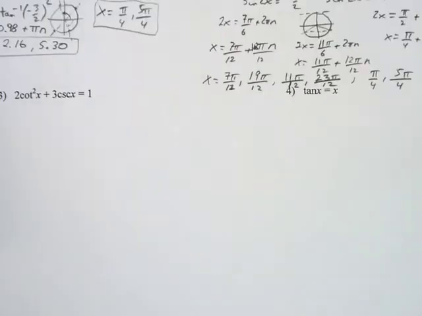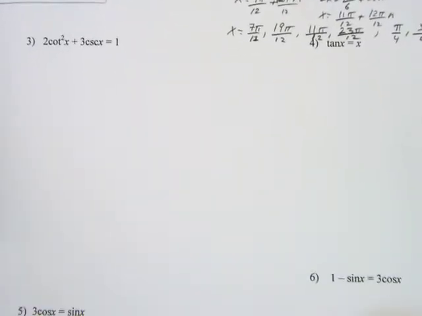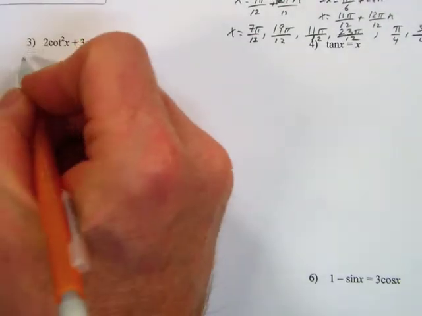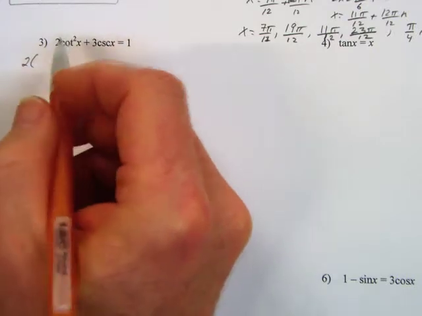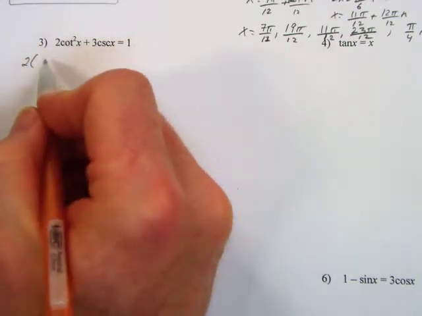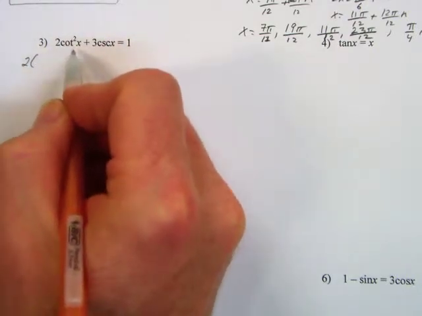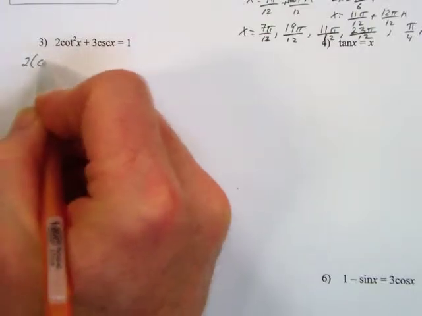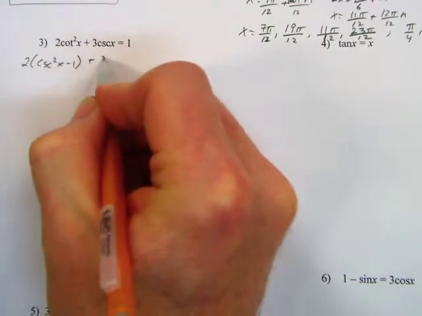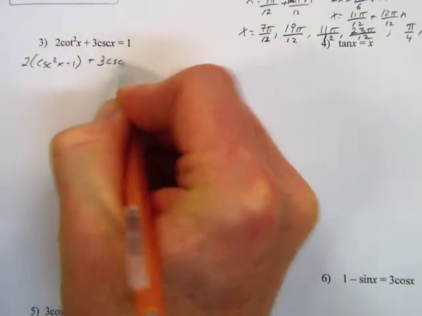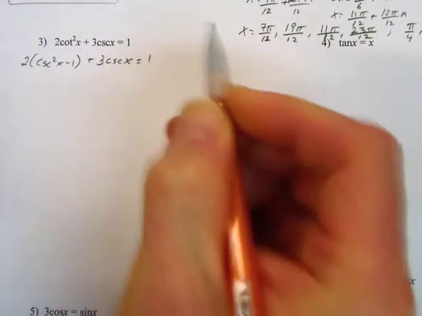We have 2 cotangent squared, so this one's going to start off similar to that first one, except it's going to be a little bit more complicated when we get down to the nitty-gritty of it. So we'll take that cotangent squared and do a substitution, and 1 plus cotangent squared is cosecant squared, so cosecant squared minus 1 will give us our cotangent squared, plus 3 cosecant equals 1.